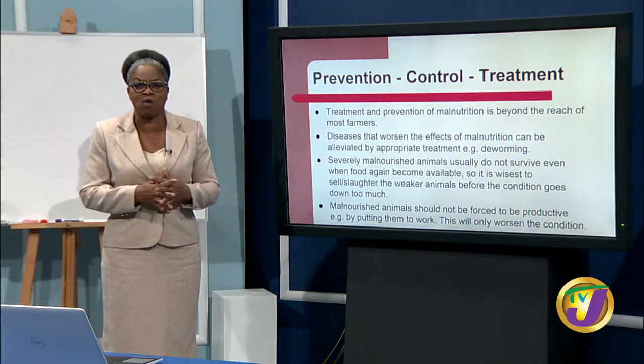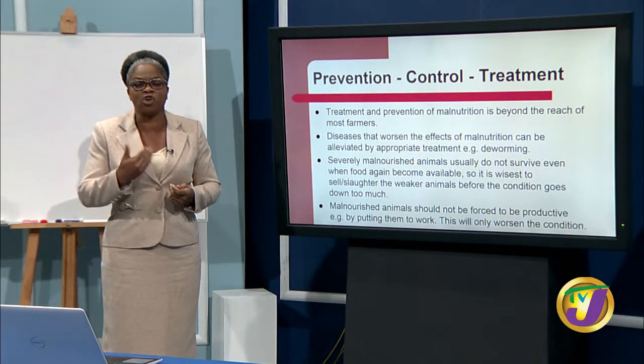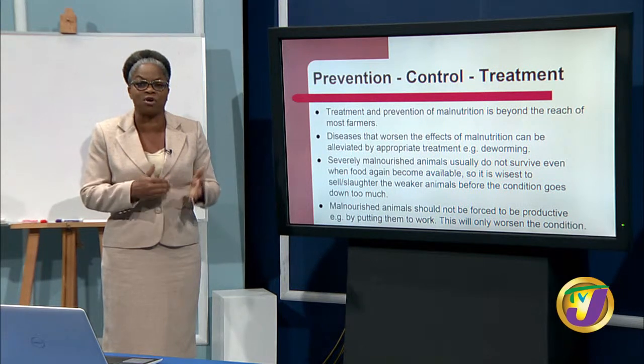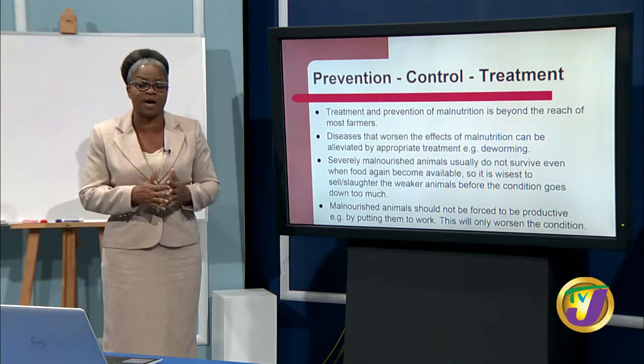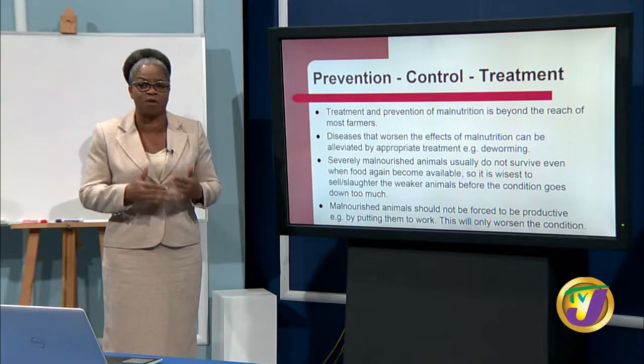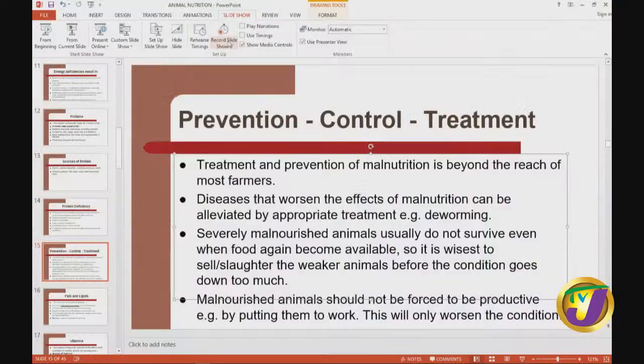But if the animal becomes malnourished, there are some ways that we could alleviate this malnutrition. For example, we can carry out deworming in cattle or in the other animals to make sure that they are getting the nutrients from the food that they are eating.